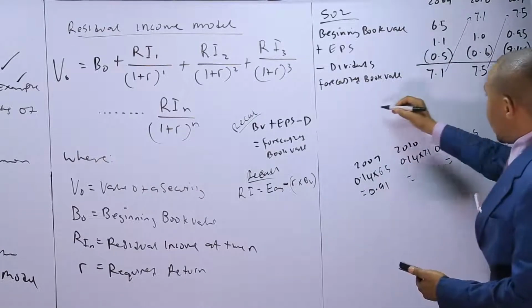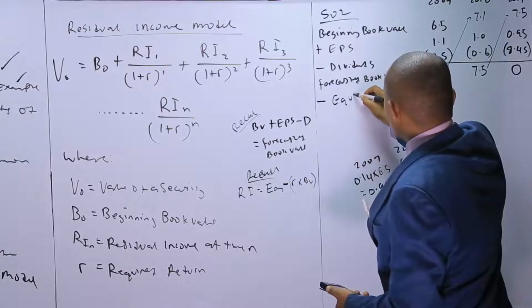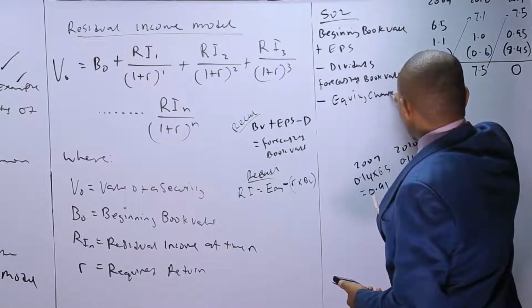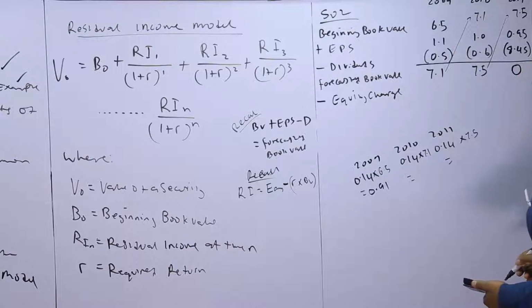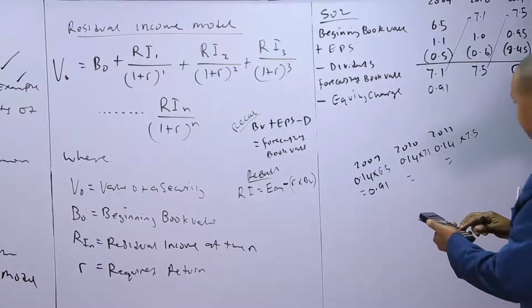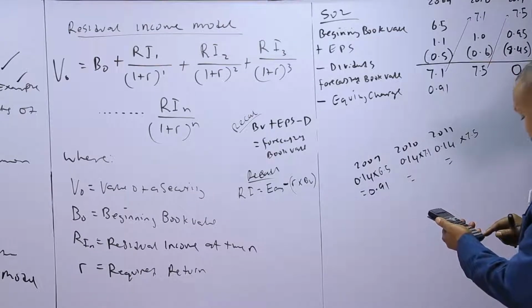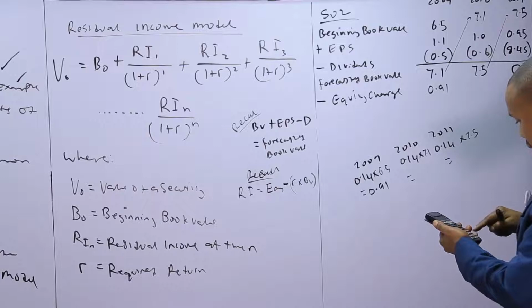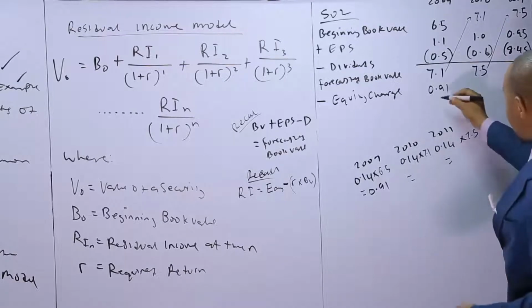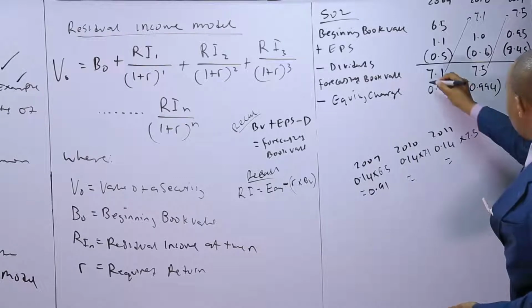So you can come over here and say less the equity charge, like that. So we have 0.91. Then we have 0.14 multiplied by 7.1. We have 0.994, and we are going to less that.